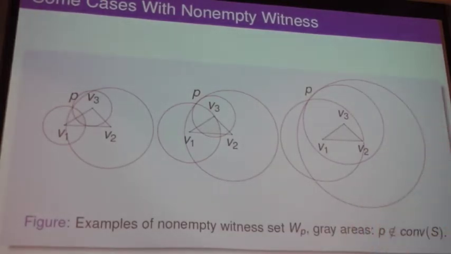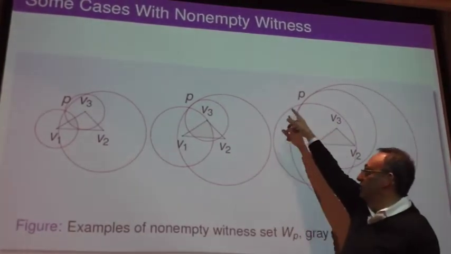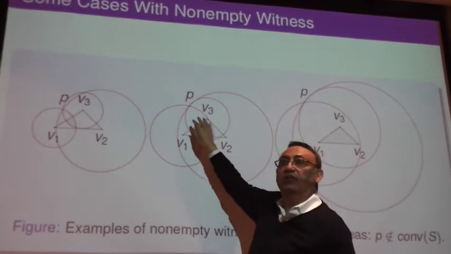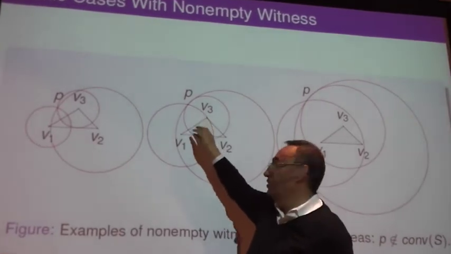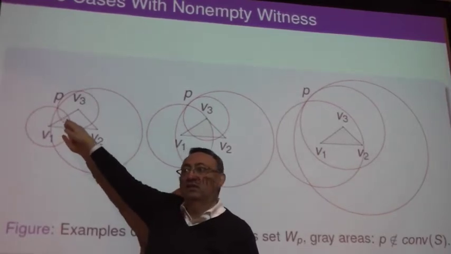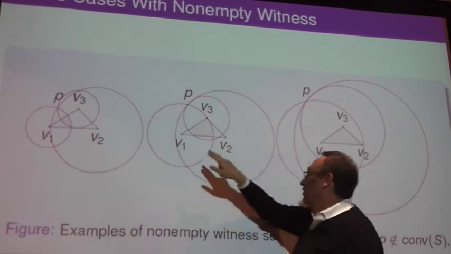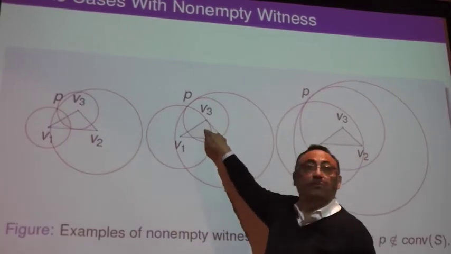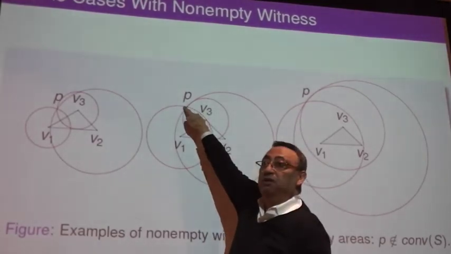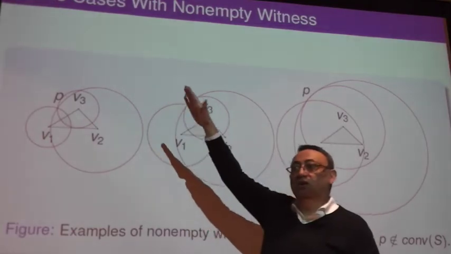Here is a situation where the point P is outside. When the point P is outside, these balls intersect, and this intersection is actually a convex region, shown in gray here. All these are witnesses. So if you pick a point here as your P prime, as the Spider-Man, and connect to P and draw the bisector, you will see that P is not in the convex hull.